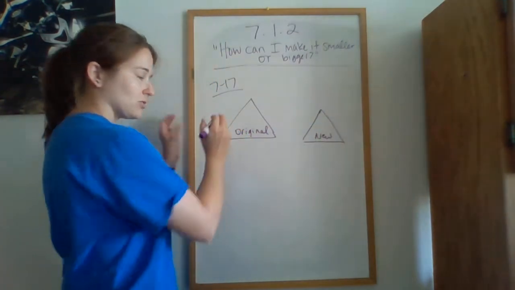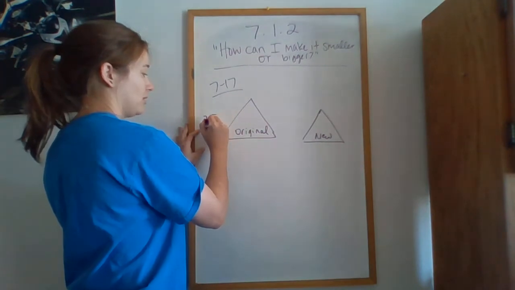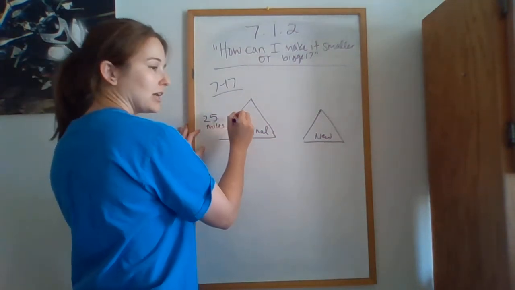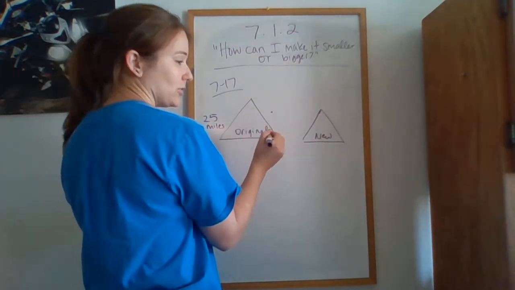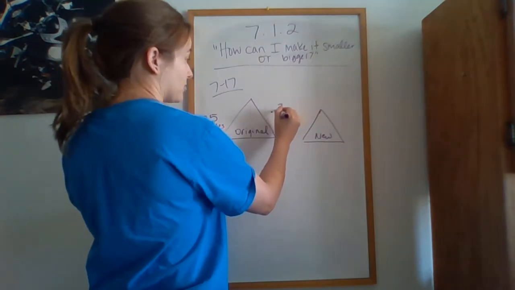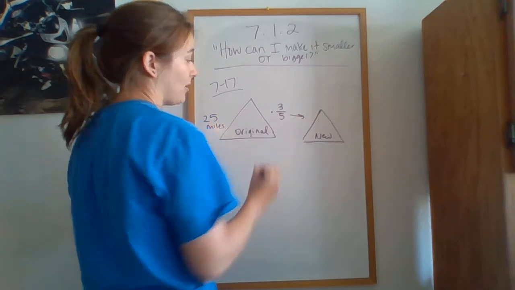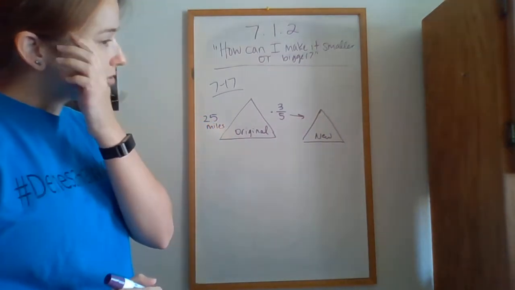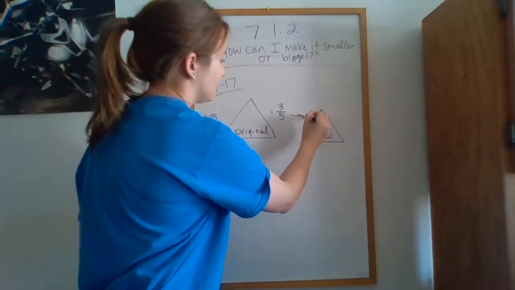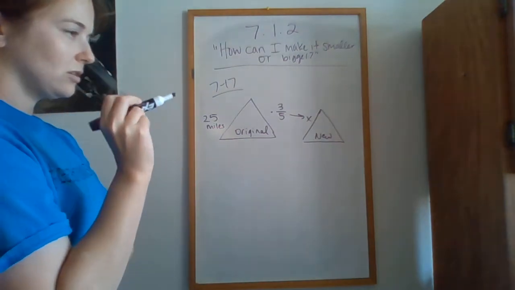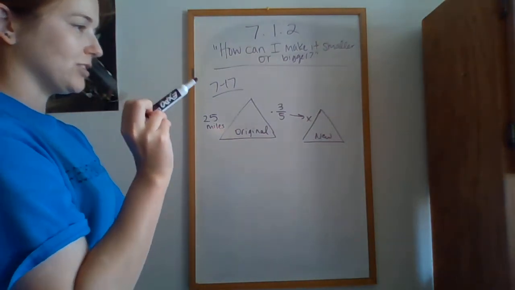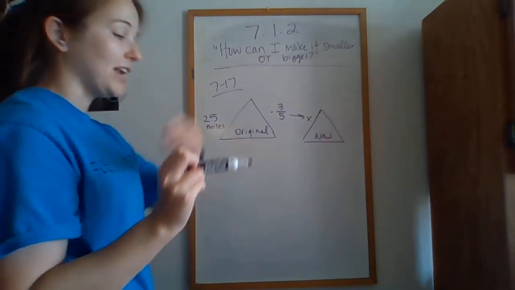Then he has 25 miles over here, and then he has a dot here, which means multiply, and it says 3/5, which is what we did in the previous problem, and then it has an arrow. And it says x right there. A says write an equation that uses the scale factor to find x.